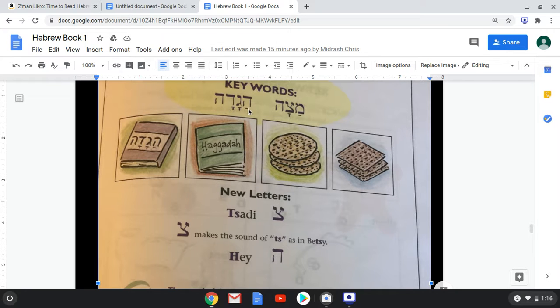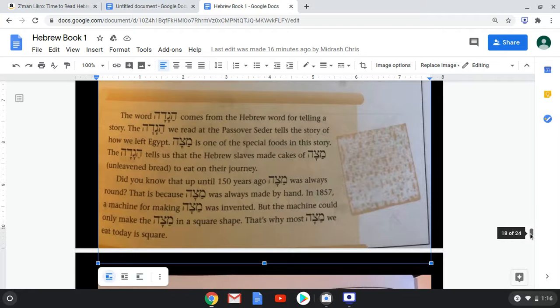Haggadah, we don't breathe in an H at the end. It's pretty much silent, so we don't make the H sound. Same thing here, matzah. We don't breathe in, the Hey becomes silent. Okay, so let's go down.